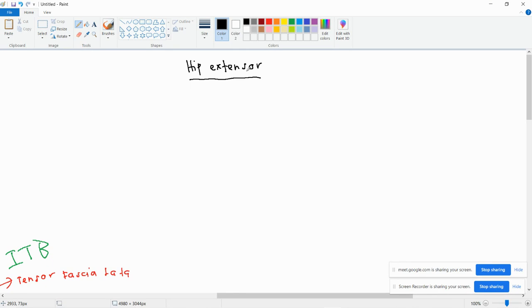So when we talk about the hip extensor, I draw your hip joint again, a very simple diagram, class. You should remember this is your acetabulum, this is your head of femur, the greater trochanter, the femur, and this is your lesser trochanter.